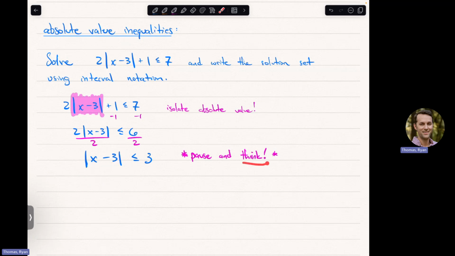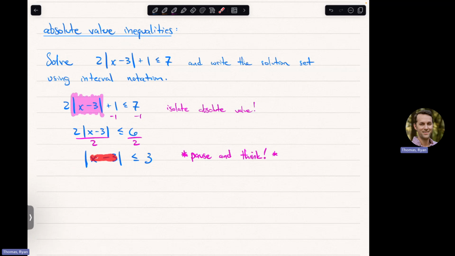So the thing I want to think about at this point before I go any further is whether the question I'm asking makes sense, if it has particular solutions, or if it's something that I can just answer right off the bat.